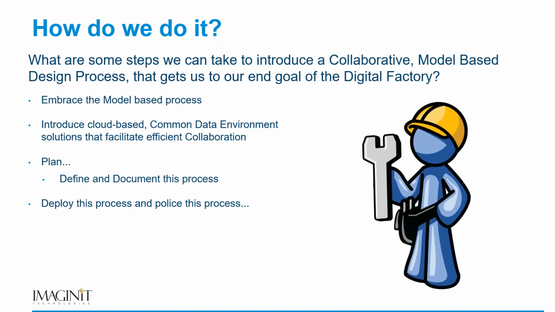So how do we do these things? What are some steps we can take to introduce this collaborative advancement in our digital transformation towards a digital twin? Well, introduce the model-based process.